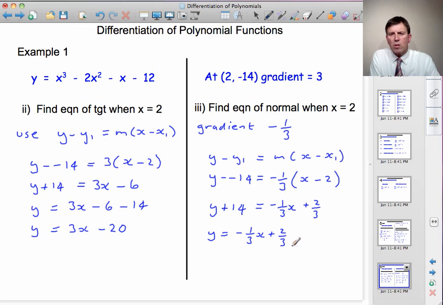When I take the 14 across, it becomes minus 14, but we might as well write it in thirds. 14 is 42/3, 3 lots of 14, so it's minus 42/3. And that will give me a final answer for the normal of y equals minus 1/3 x and plus 2/3 minus 42/3 is minus 40/3. And that completes example 1.